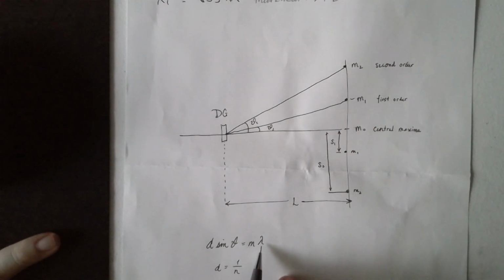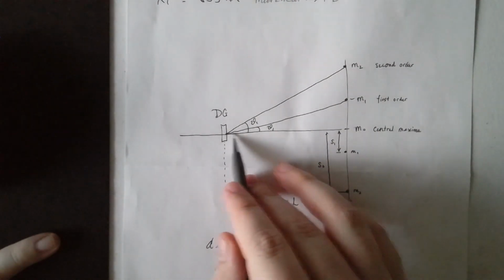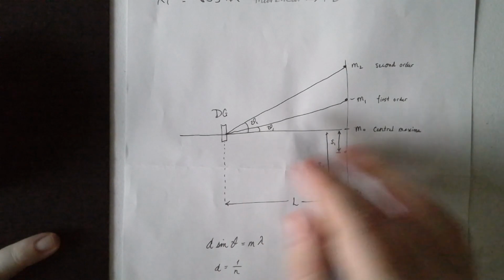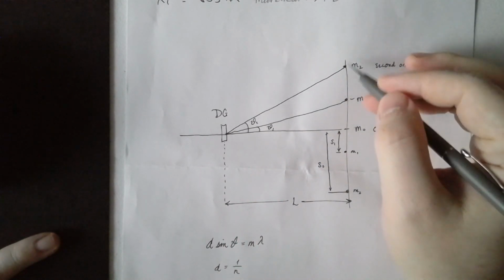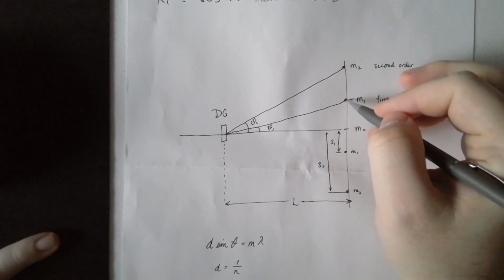All right, so in this setup, this single beam of light will be split into several beams, which will appear on our screen as dots or maxima.